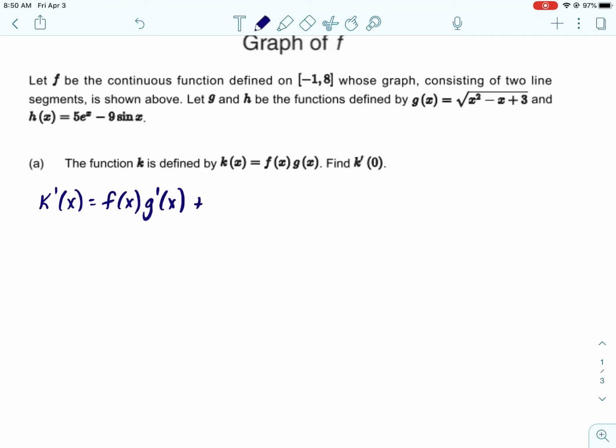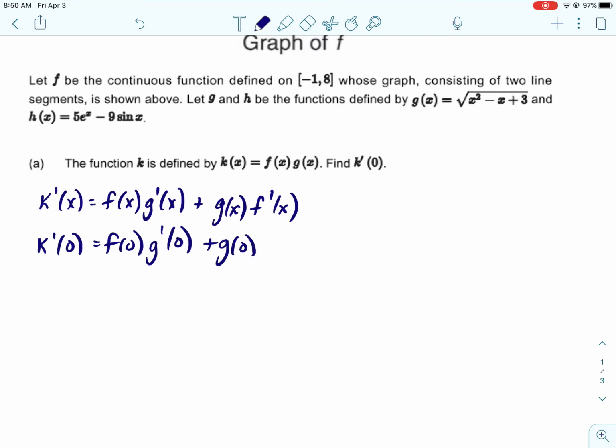So to find k prime, we are going to use the product rule, just like we did in the last free response question. Now when you're doing the product rule, don't put 0 in yet. Just go ahead and do it with x, because you will get a point for that.